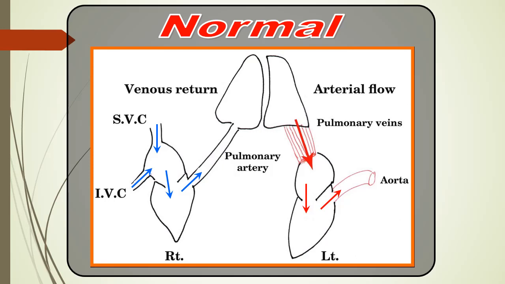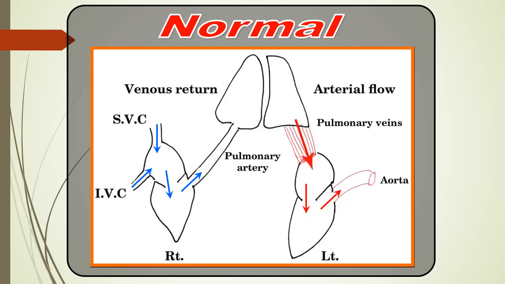Let's remember together the heart circulation. This is the venous return, and the superior vena cava and inferior vena cava carrying the deoxygenated blood from all the body and going to the right atrium, and then to the right ventricle, and then to the pulmonary circulation through the pulmonary artery, and then the blood goes to the left atrium.